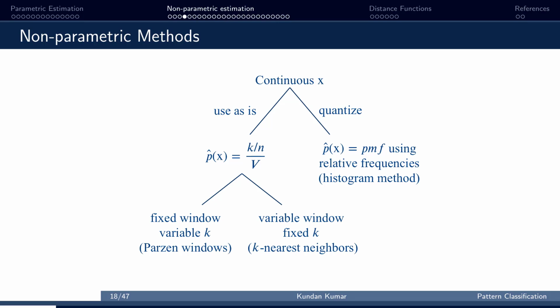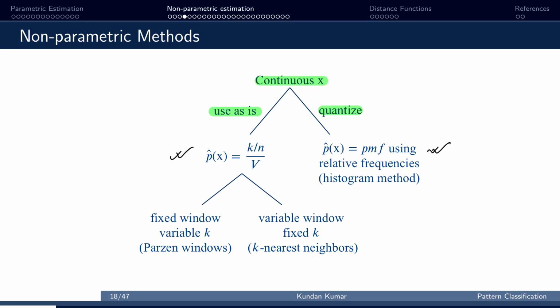So under the non-parametric method, there are different approaches for continuous variables and discrete variables. In real life, we have continuous variables, so we can quantize them to get discrete variables, or we can use them as is, so that the variable will be continuous.